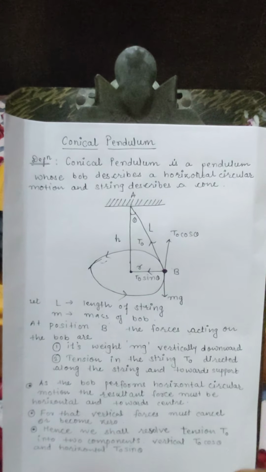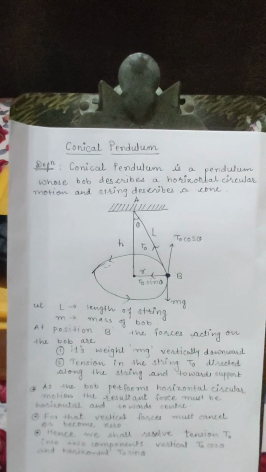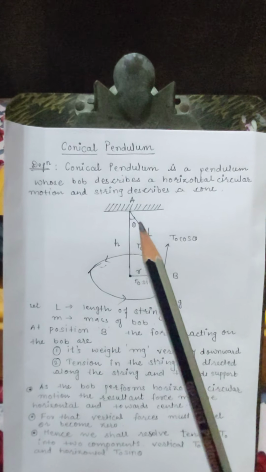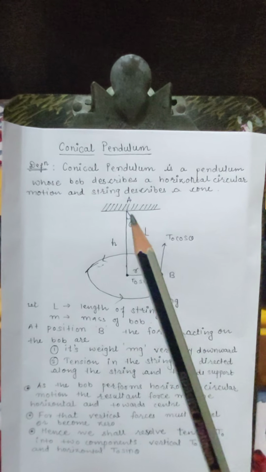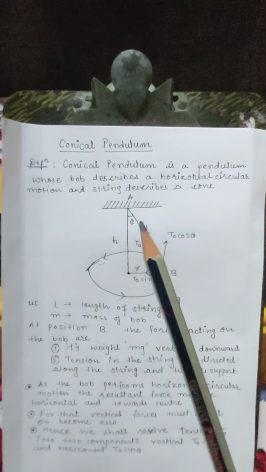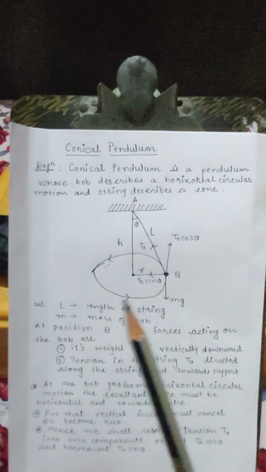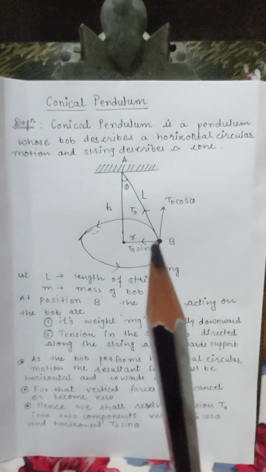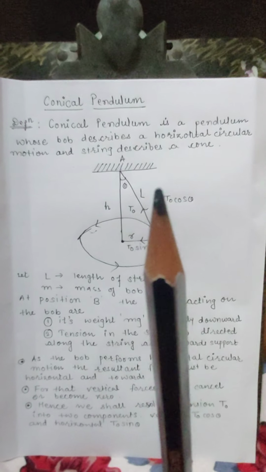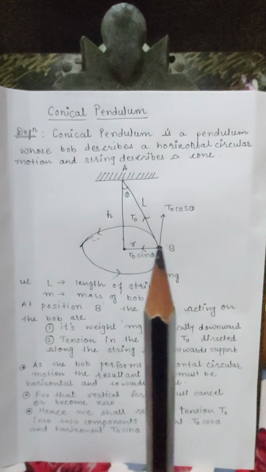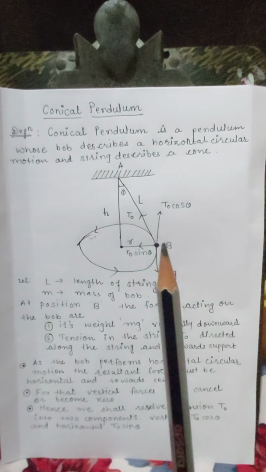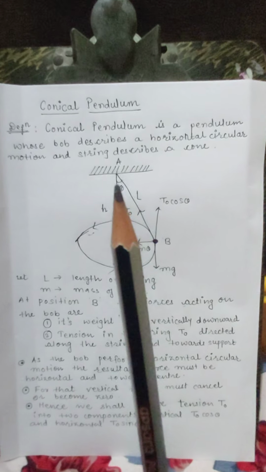You might have seen an ice cream cone. So let this be the angle theta described by this string. This is a conical pendulum. We'll revise the definition: conical pendulum is the pendulum whose bob describes the horizontal circular motion and string describes a cone at the support.